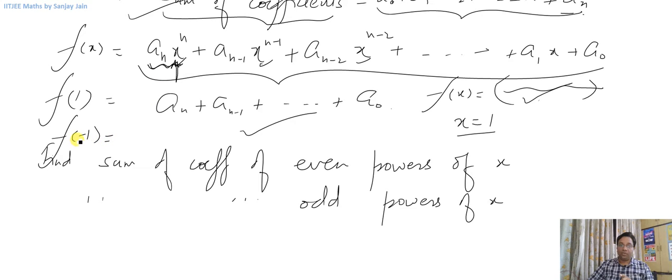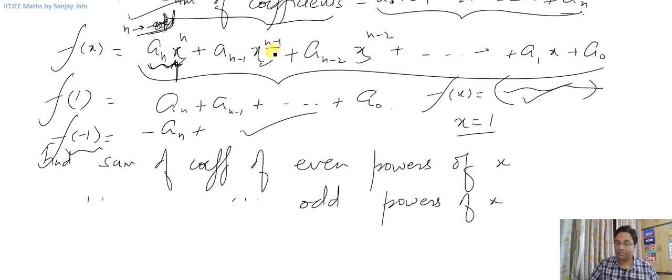So if I do f of minus 1, every term that has an odd power will become negative. Let us say, for example, n is odd. Then what kind of terms will you have in f of minus 1? You will have the first term like this. Then, since n is odd, this term will become negative.